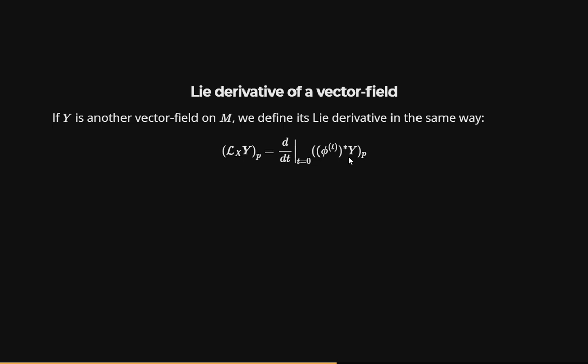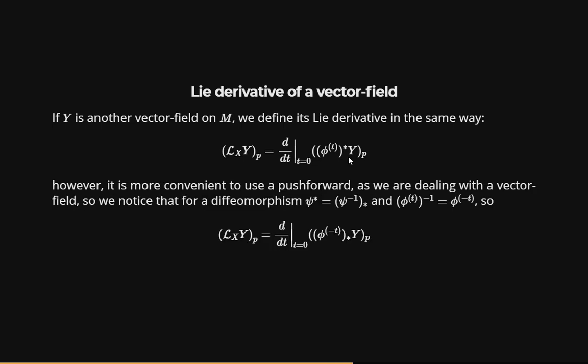So one way to take something at time t and bring it to time 0 could be to pull it back through the map or to push forward through the inverse map. So this is the important thing. For a diffeomorphism, we define actually the pullback, even on vector fields, as the push forward via the inverse.